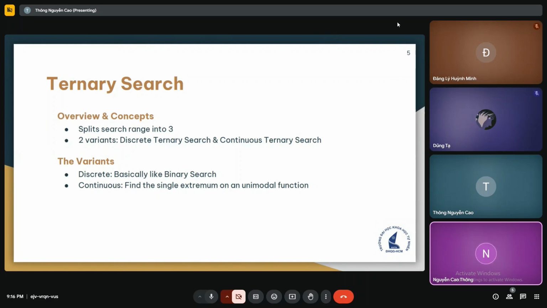The discrete one is basically like binary search. We search in a sorted array to make it simple. But for continuous, it's a little bit different, and it's something that binary search cannot do. We find a single extremum on a unimodal function. What exactly is a unimodal function? We will talk about that later.